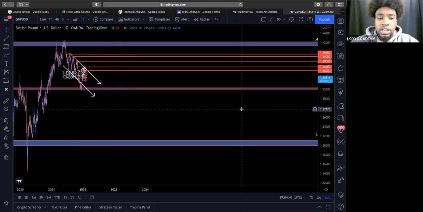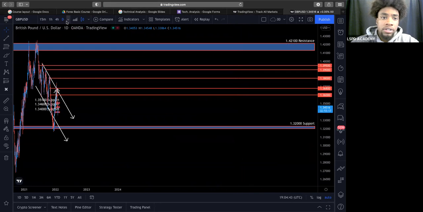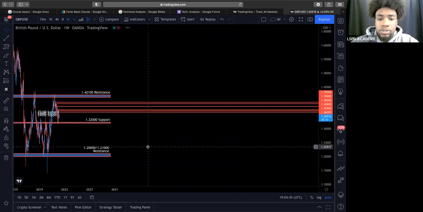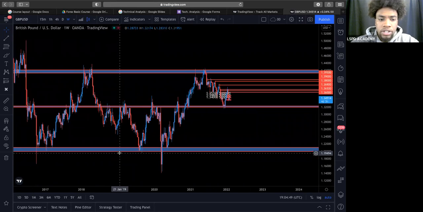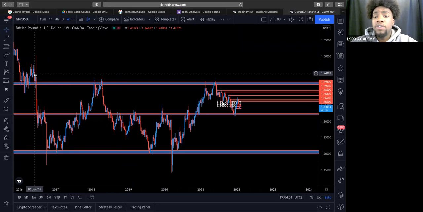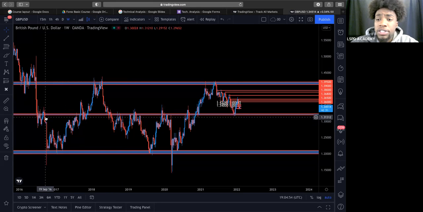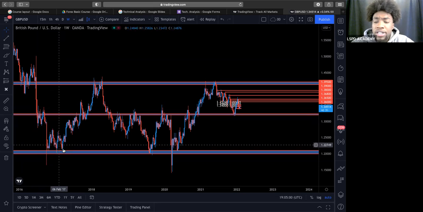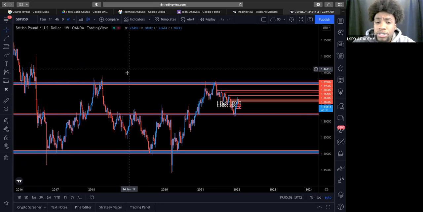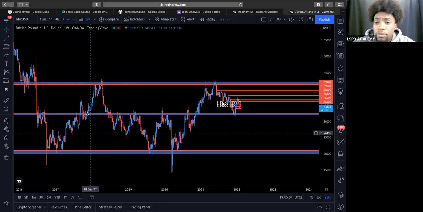When it comes to things like identifying your support, we see support was defined as a level where you'll see price hesitate when moving from a previous downtrend. You'll see price hesitate at these levels and either reverse from these levels or at least rebound before breaking through.